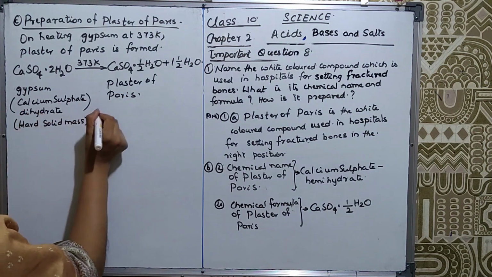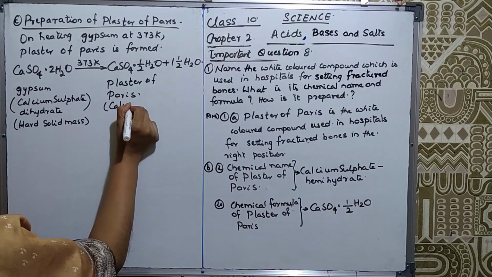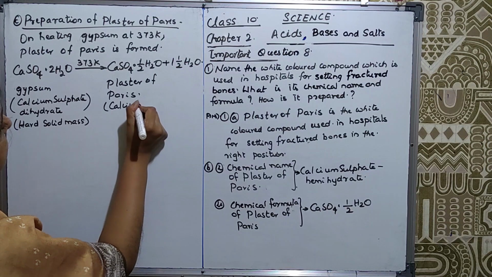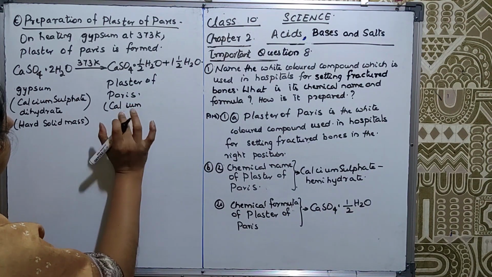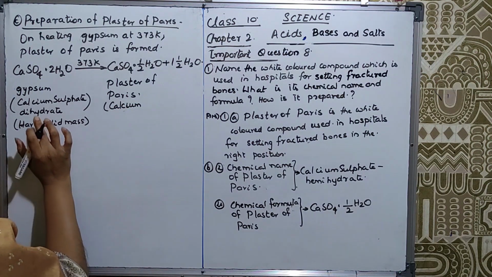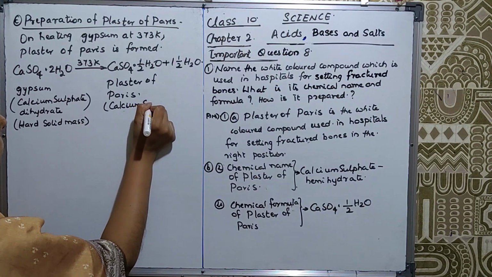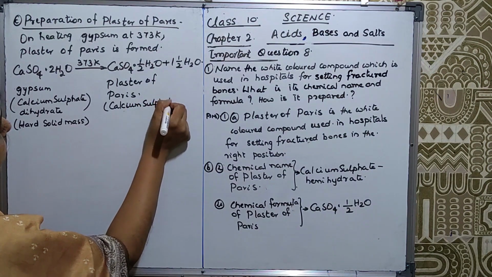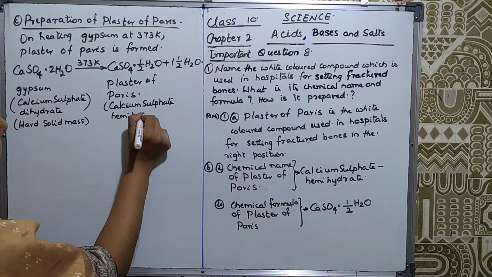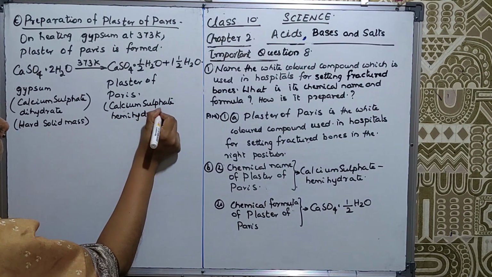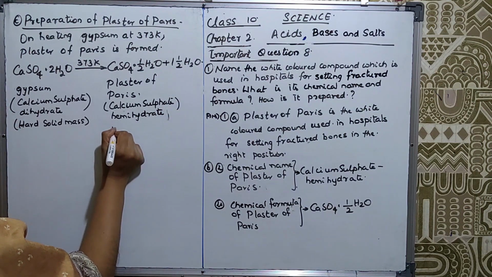Plaster of Paris' chemical name is calcium sulfate hemihydrate. It is a white powder.